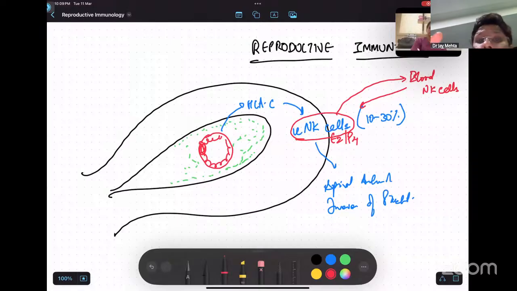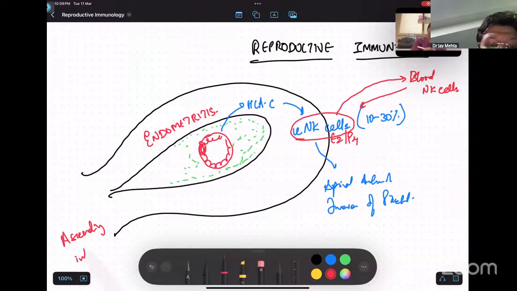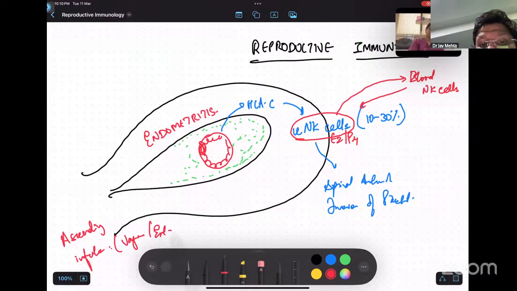What happens when you have infection inside? That means I am talking of endometritis. What is the most common cause of endometritis? It is very simple: ascending infections. These ascending infections are predominantly going to occur from the vagina, or if I may label it broadly, from the external genitalia.